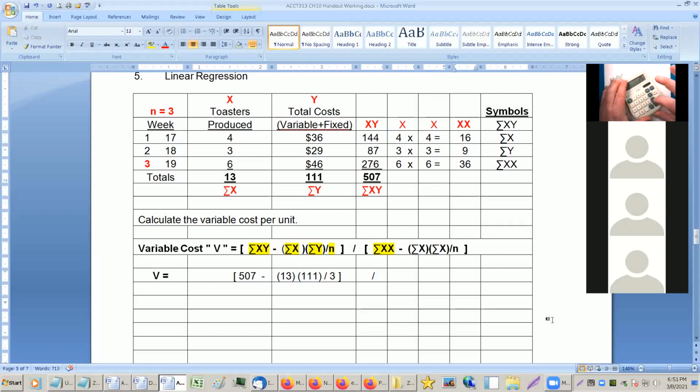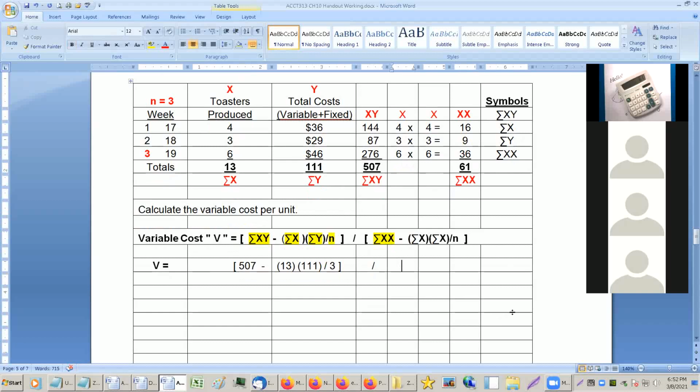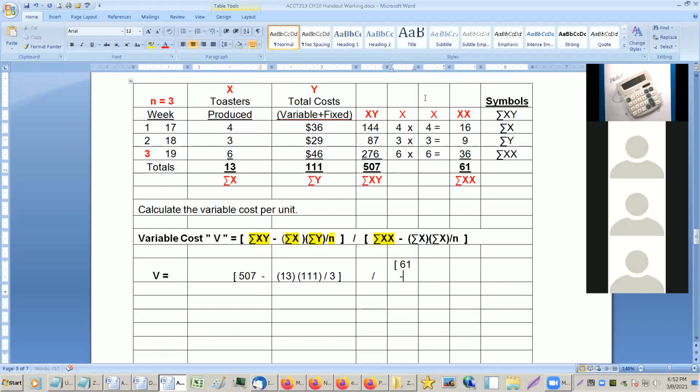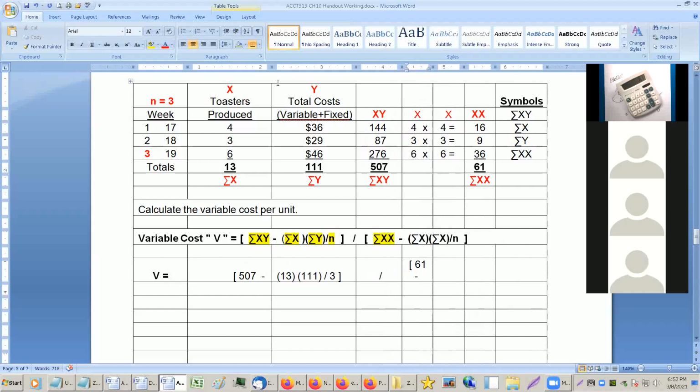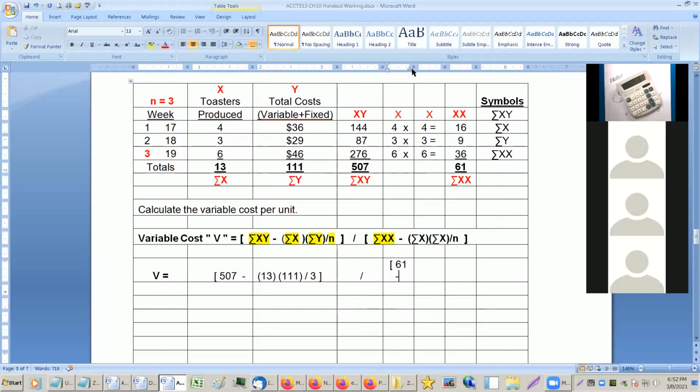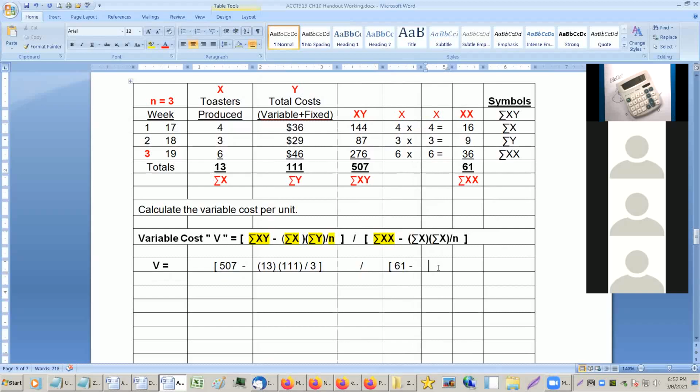16 plus 9 plus 36, that's 61. So this will be 61, minus.